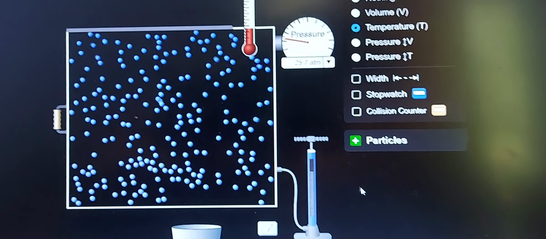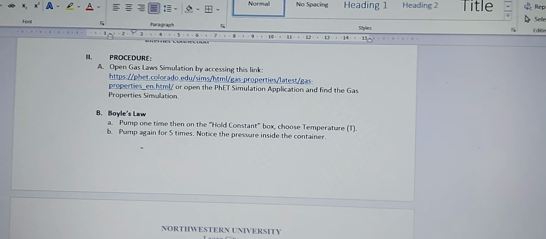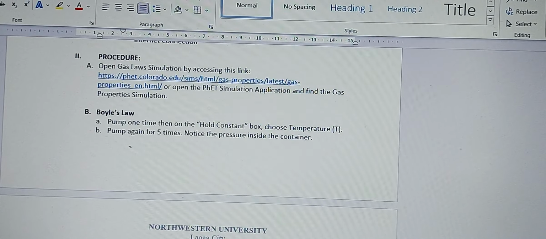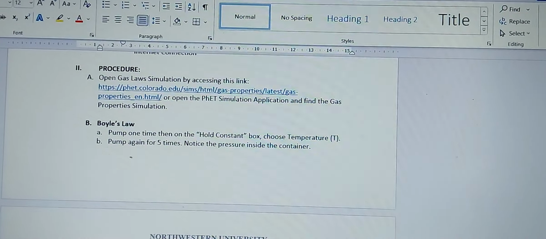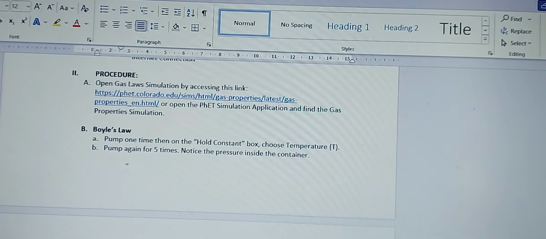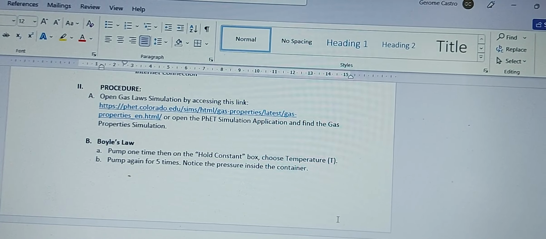Okay? And then, according to our procedure, read the procedure again. It says: slowly resize the container volume by sliding the handle at the left side of the container. Try increasing and decreasing the volume, and then observe what happens to the pressure. You may also click the eraser icon to reset.